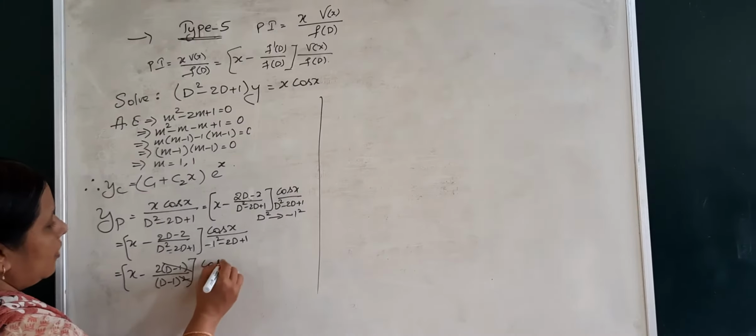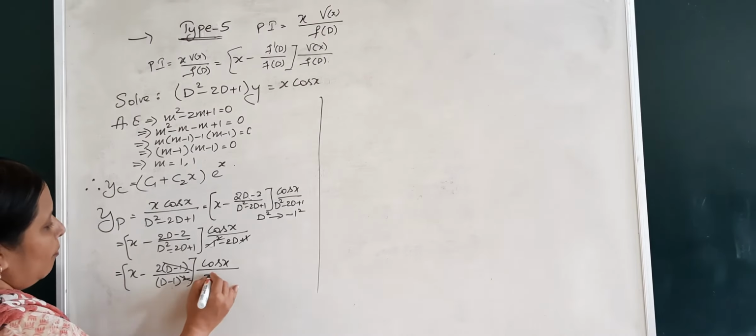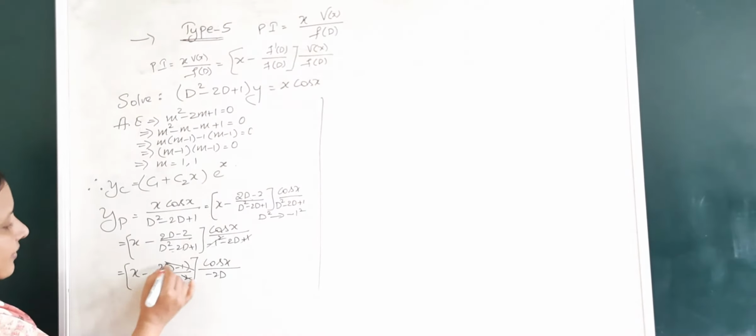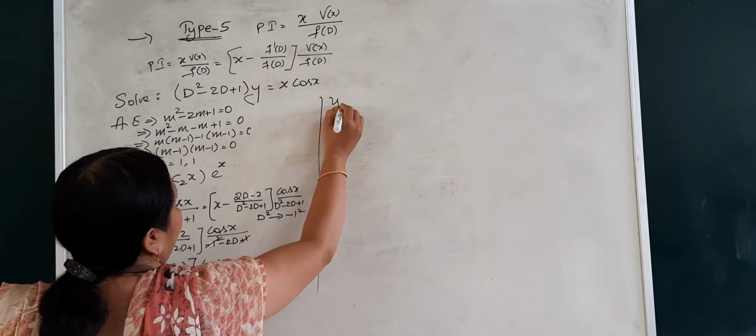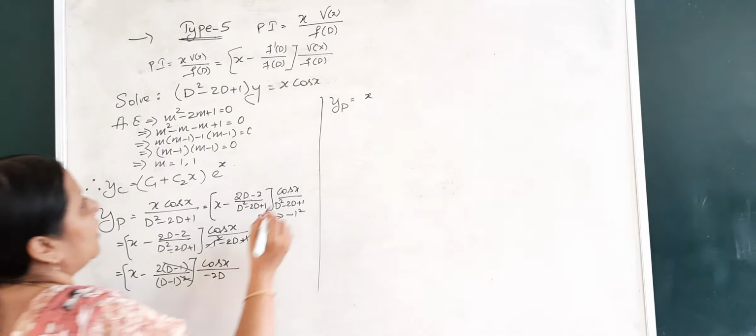This is going to become cos x divided by −1 + 1 getting cut, so −2D. Now multiply x into this and this entire term into this. So yp is equal to x into this entire term.